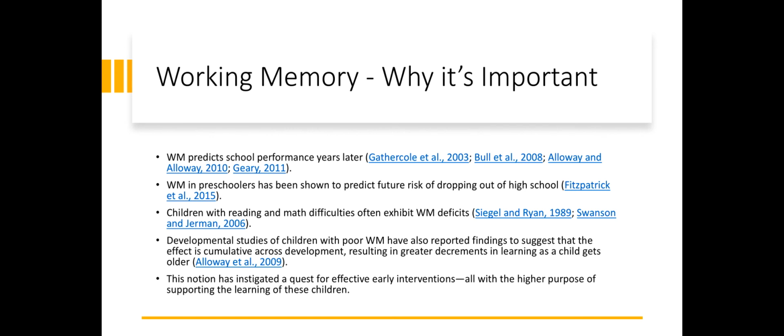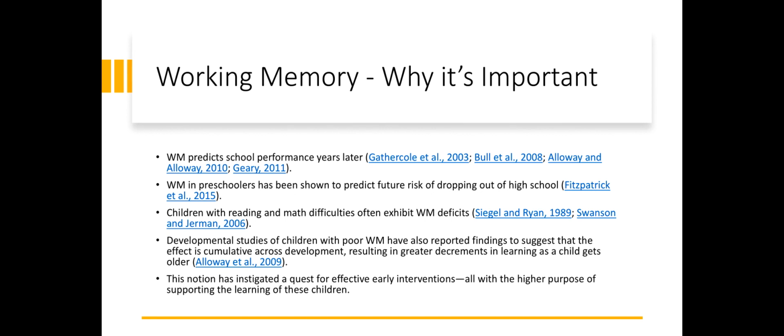And then I'm just going to leave you with why it's important. Why do we need to reduce that cognitive load? Why do we need to think about increasing our working memory and helping these children? That's because working memory predicts school performance later in life, far more so than IQ alone. Working memory in preschoolers has been shown to predict future risk of dropping out of high school.